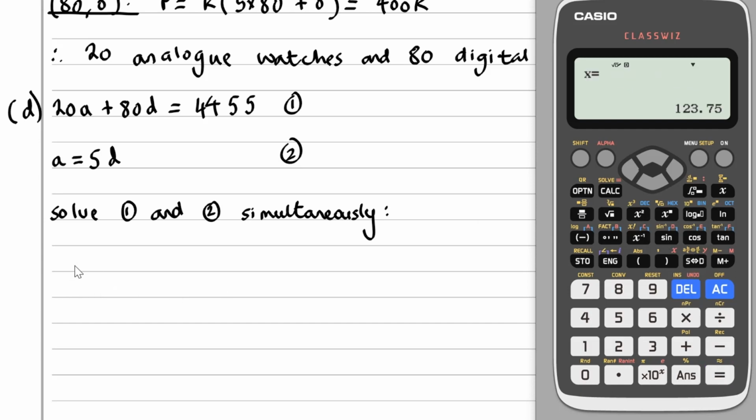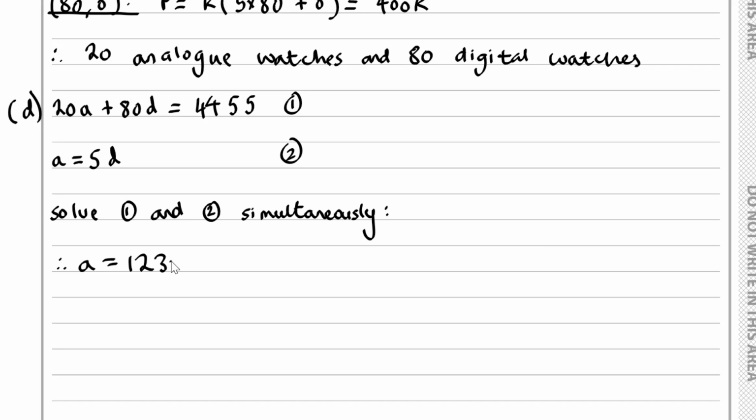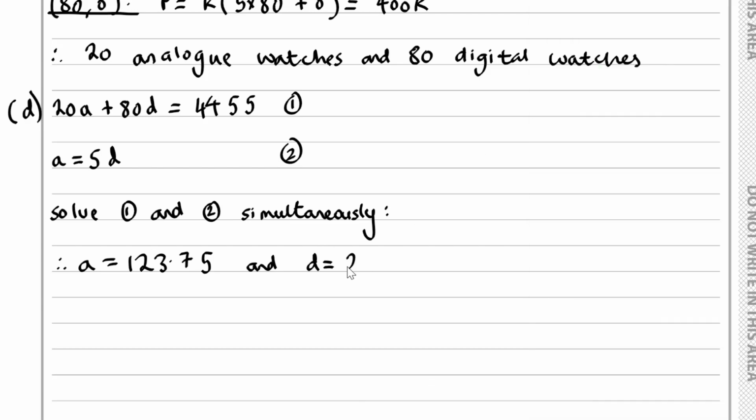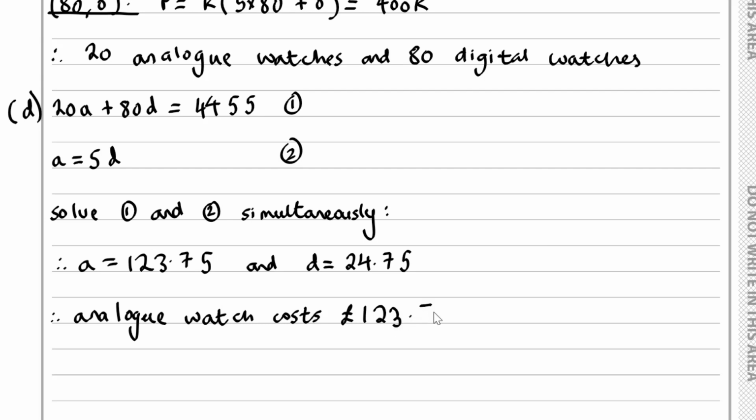We see that A is equal to 123.75 and D is equal to 24.75. Therefore we can conclude that an analog watch costs £123.75, and a digital watch costs £24.75.